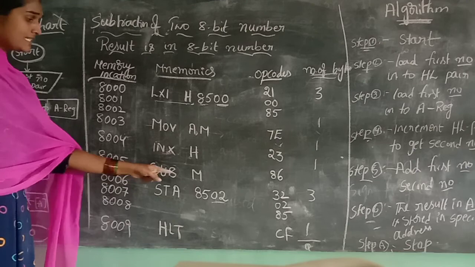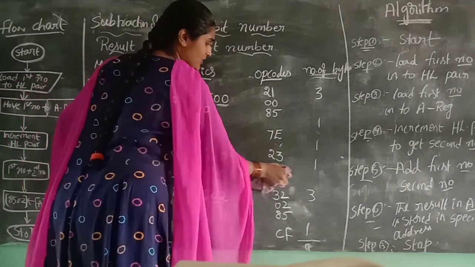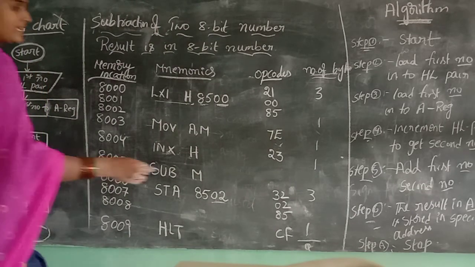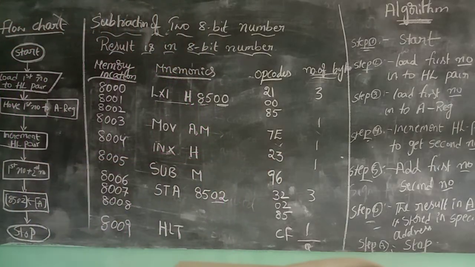For SUB M, the opcode will be changed. The opcode is 96. Remaining all things, opcodes, number of bytes, memory locations, are the same as addition of two 8-bit numbers.